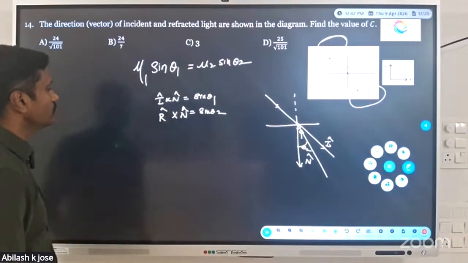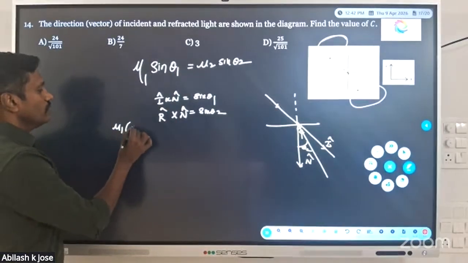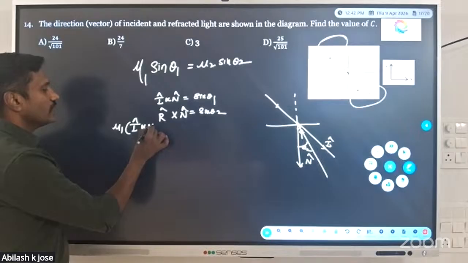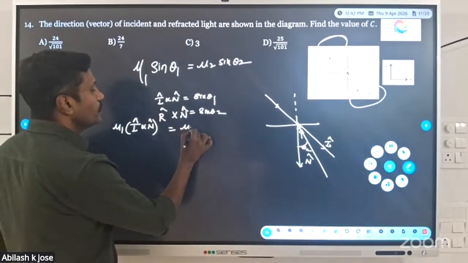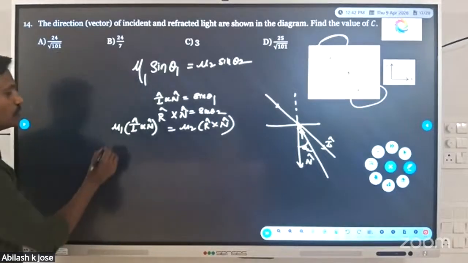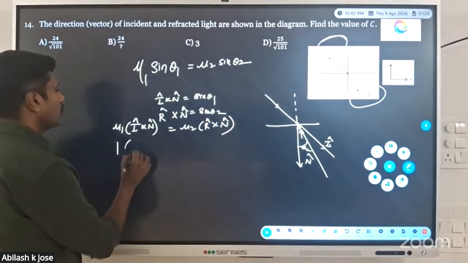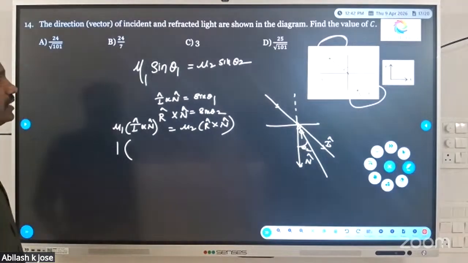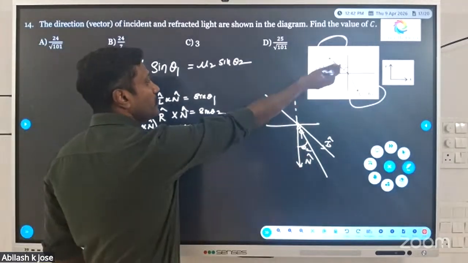Putting that together, we get mu1 I cap cross N cap is equal to mu2 R cap cross N cap.